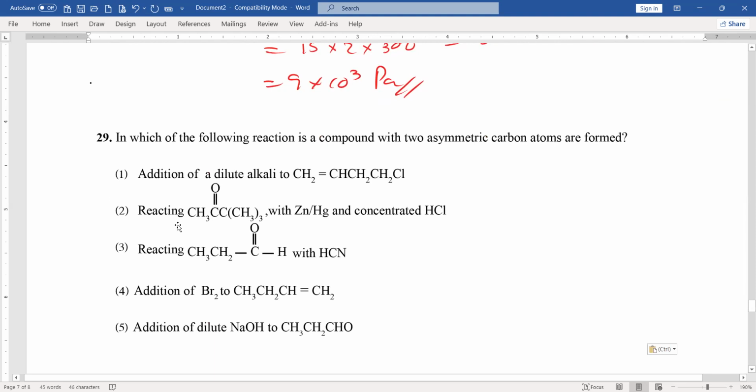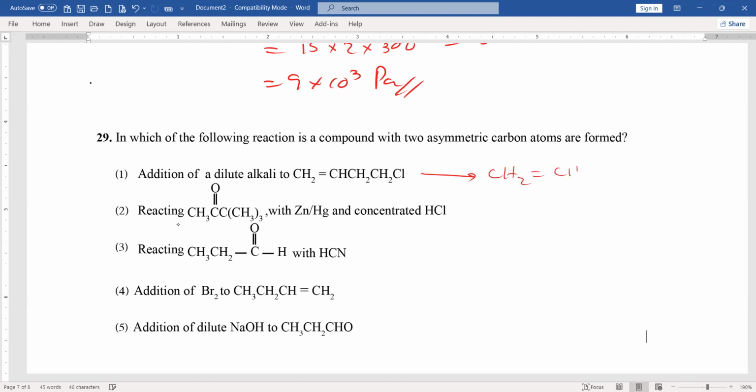In which of the following reactions is a compound with two asymmetric carbon atoms formed? Addition of dilute alkali to this. See what happens here.